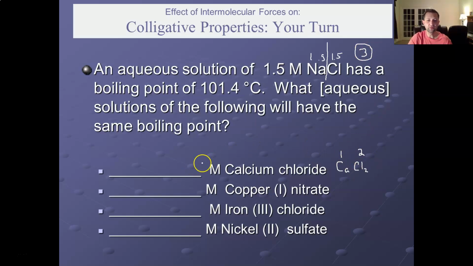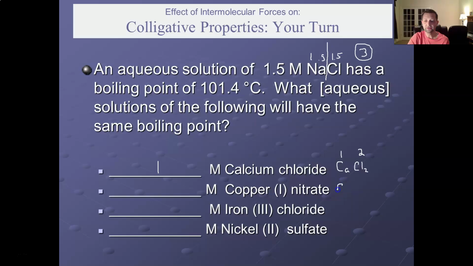So we want to know what our molarity is going to be. Well, if we have a 1 molar solution, I'm going to have 1 molar calcium and 2 molar chloride, to give me 3, right? So that's what I need for the calcium chloride. 1 molar calcium chloride would dissociate into 1 mole of calcium and 2 moles of chloride, giving me 3 moles of dissolved particles.